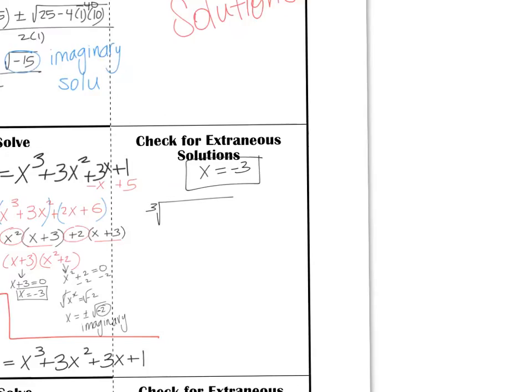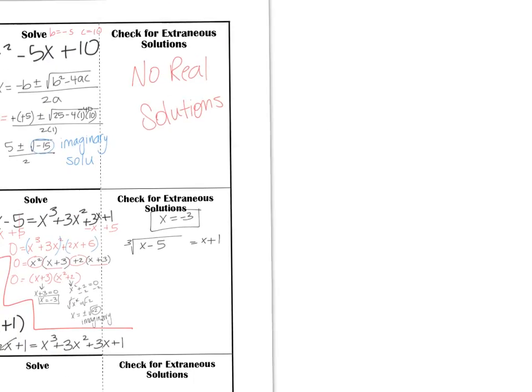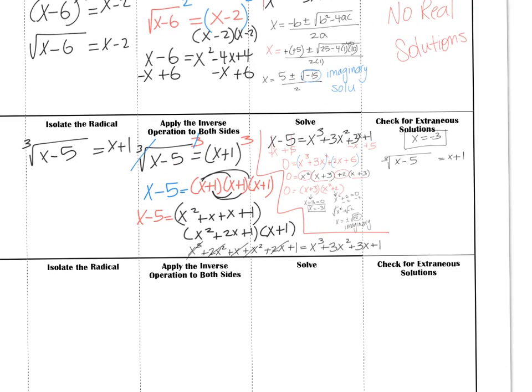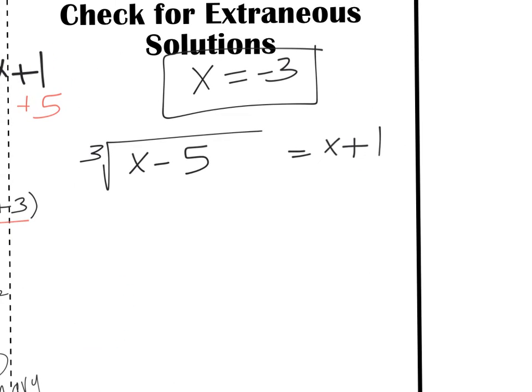Okay. So I have x minus 5, and I have x plus 1. Let me double check. Okay. Now let's plug that in. Now cubic root of a -3 and a -5. So if you plug in -3 for the x, you will end up having a -8 under the cubic root.